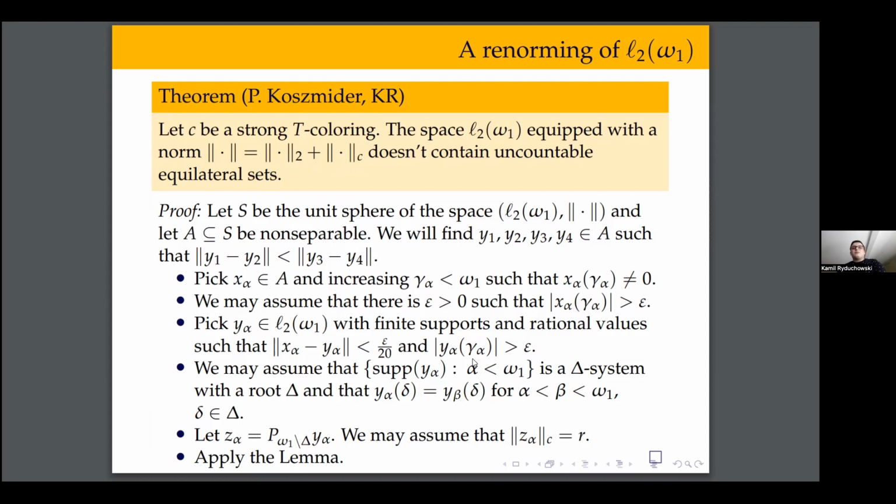So all those gamma alphas are just to make sure that the impact of the C norm is significant enough that those shenanigans we're doing with it are visible to the whole norm, which is the sum.